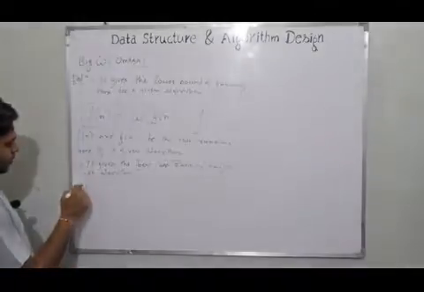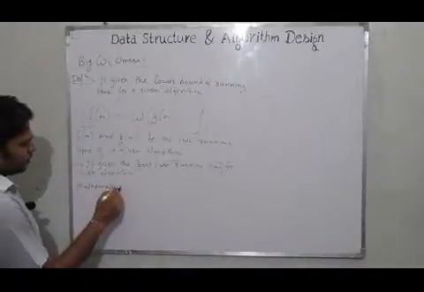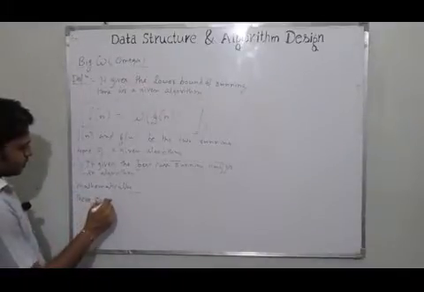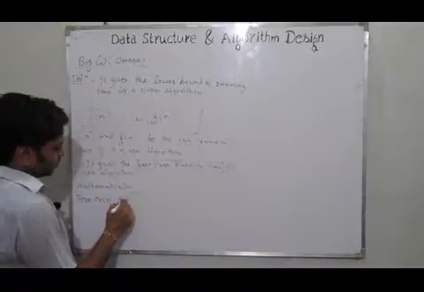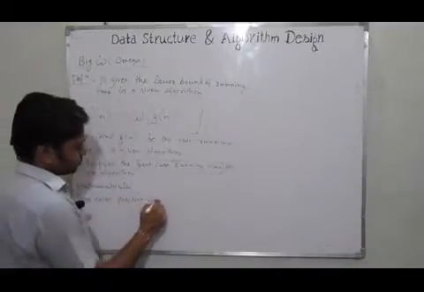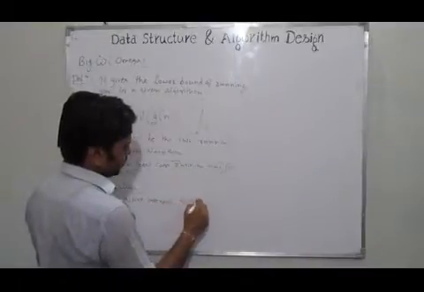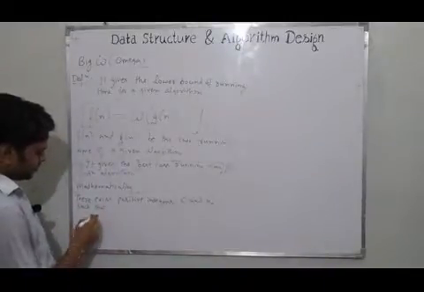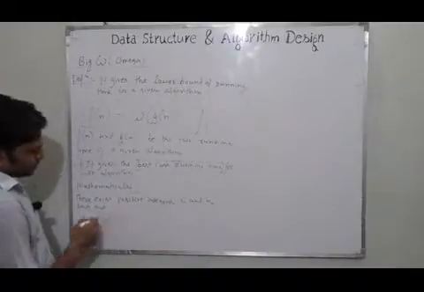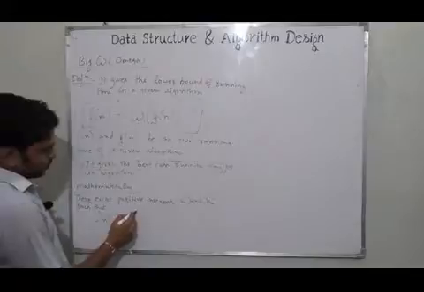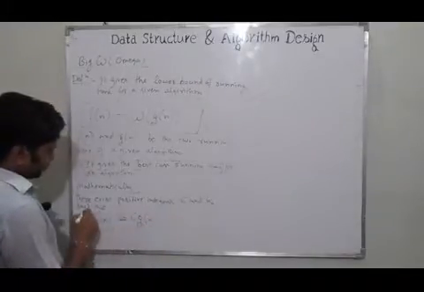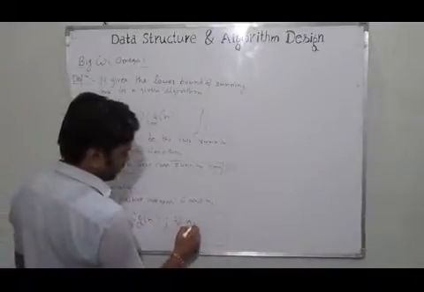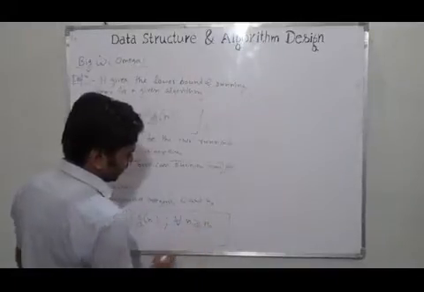If we define it mathematically, there exist positive integers C and n naught such that f(n) always comes out to be greater than or equal to C g(n) for all n greater than or equal to n naught.